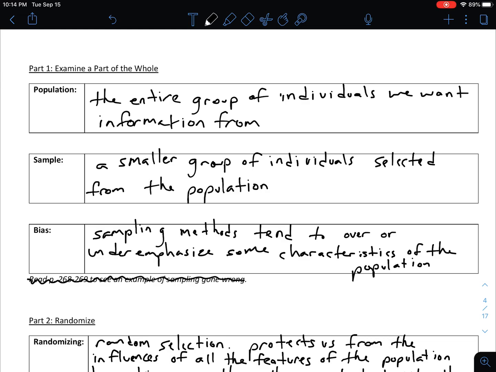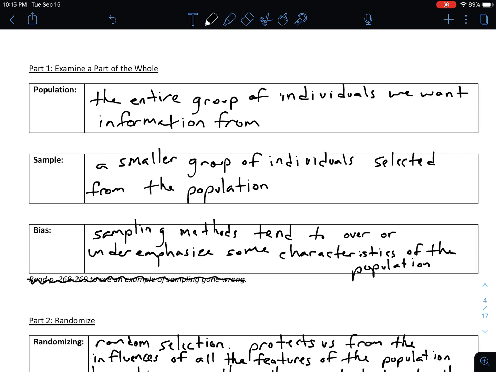And maybe as my sample, I chose a group of freshman students in World Regional Studies. Probably not going to be the best sample of opinions about what the school prom should be, because freshmen probably are not going to prom. So asking them wouldn't lead to the results we would want and probably would not be representative of what the entire population wanted as a whole. That would definitely be a form of bias.